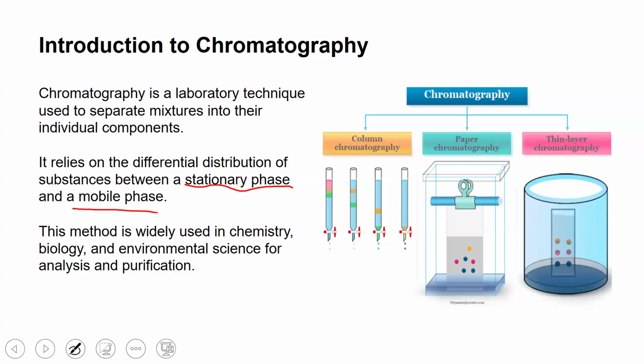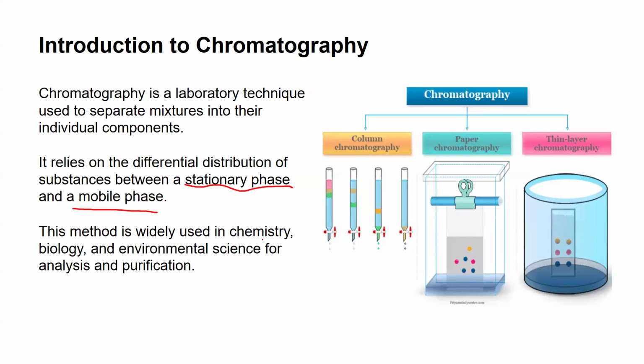The differences in their distributions between a stationary phase and a mobile phase is the basic principle behind chromatographic techniques, because the major role of the stationary phase and the mobile phase is to separate the components.